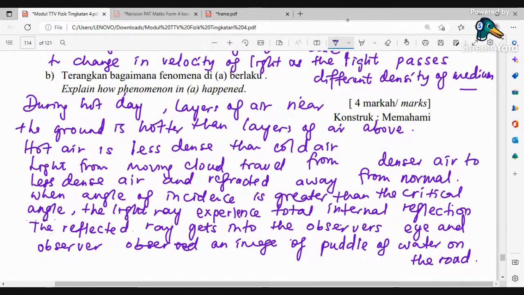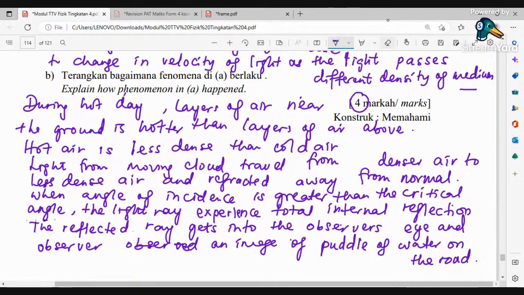The reflected ray gets into the observer's eye, and observer observe an image of puddle of water on the road. Why it looks like water? Because it's coming from moving object above, like cloud. Okay, jadi nampak macam bergerak-gerak macam water. Okay, jadi untuk 4 markah ni.